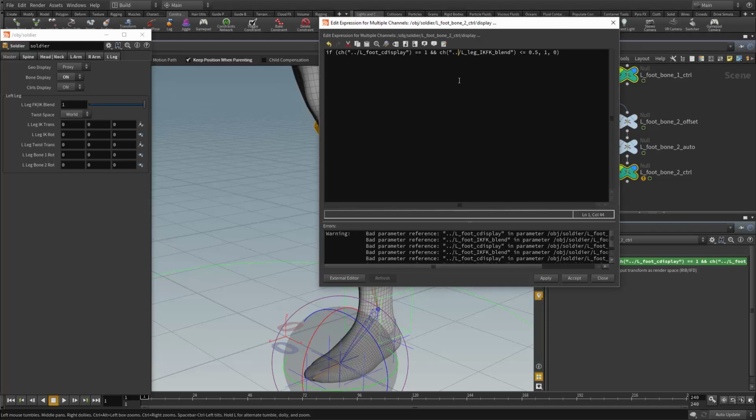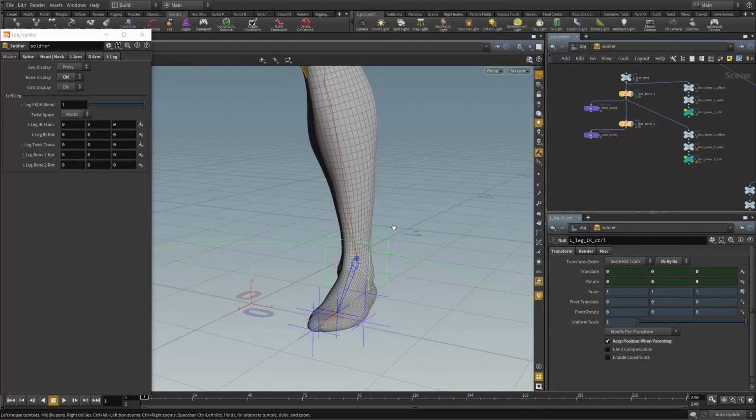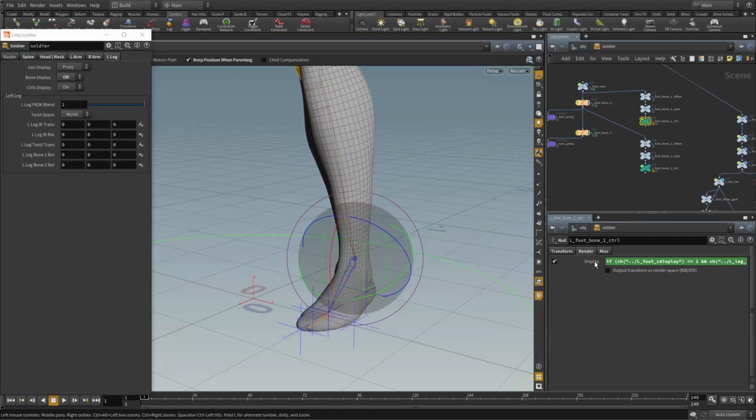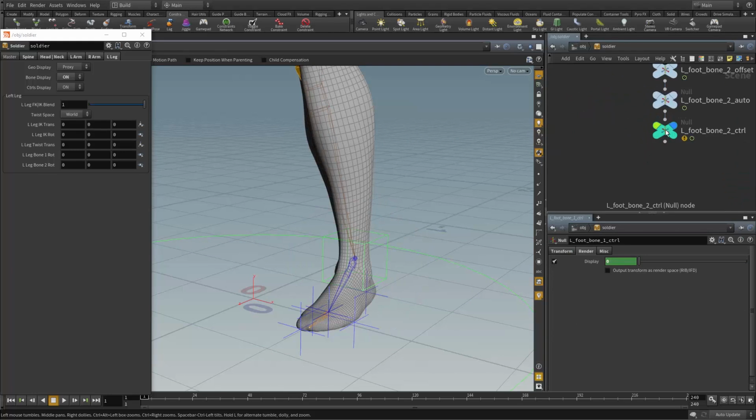There we go. So if the foot display, which again isn't created yet, is 1, and the leg IKFK blend is less than 0.5, then this should be 1, otherwise it'll be 0. So that's all we need to do for those FK controls. And again, this error will go away once we create this control.